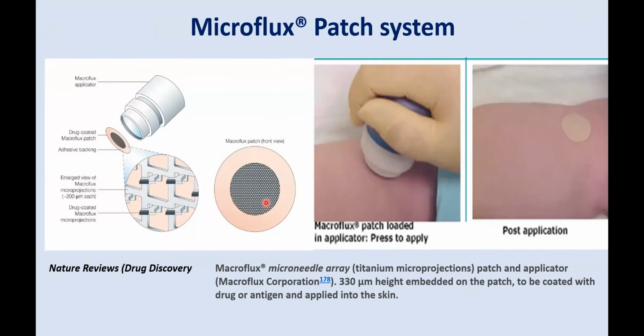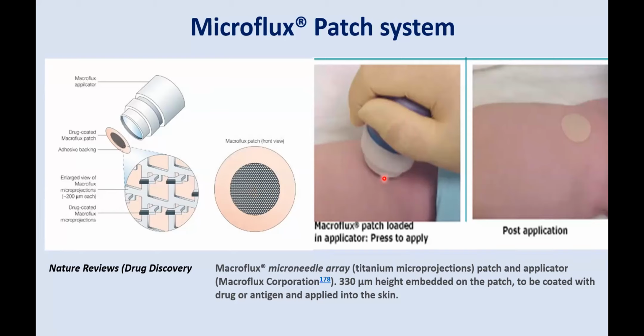These are titanium-made patches. Basically, this is the patch with an adhesive around, and these are the projections. You can see the projections here. These are the titanium microneedles, and they are coated with the antigen, and then there is an applicator.